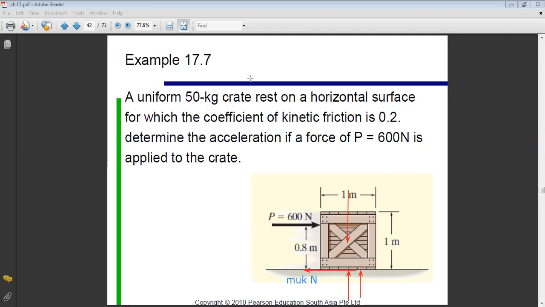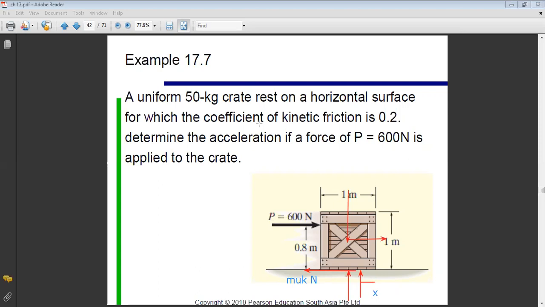I will name this distance x. So my first unknown is x. My second unknown is the acceleration of my crate, a_G. And what is my other unknown?